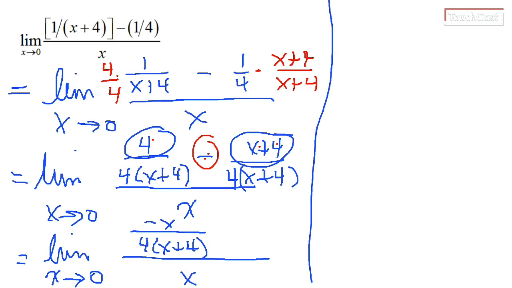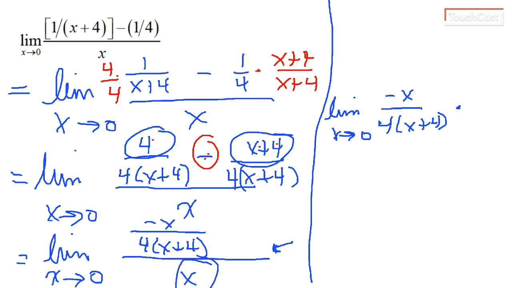So now I'm going to have the limit as x goes to 0 of, here's my fraction bar, and I have one fraction divided by one fraction. So instead of division, I'm going to use negative x over 4 times x plus 4 times the reciprocal of the denominator, which would be 1 over x.